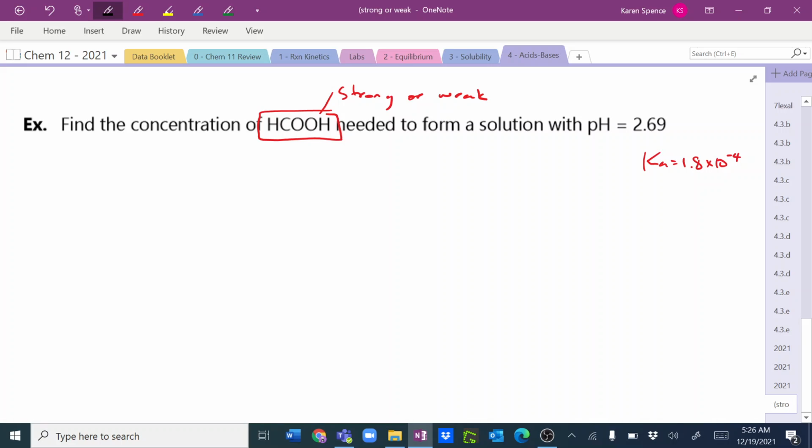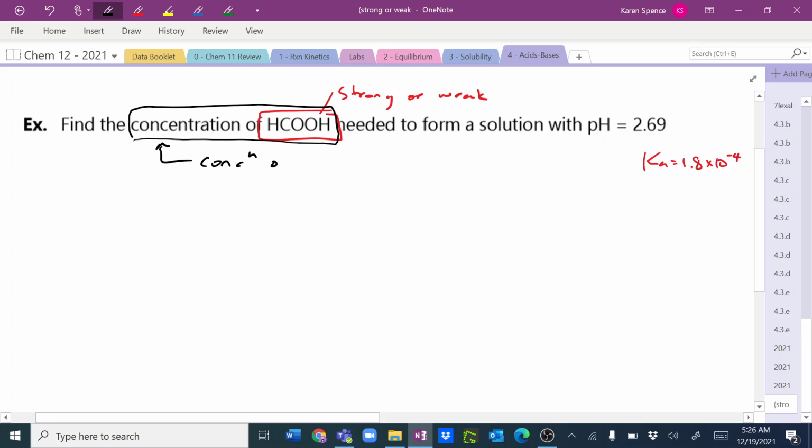All right, find the concentration of HCOOH. I don't know if you recall, but whenever we talk about the concentration of the acid, HA, in the question, is that the initial concentration or is that the equilibrium concentration?